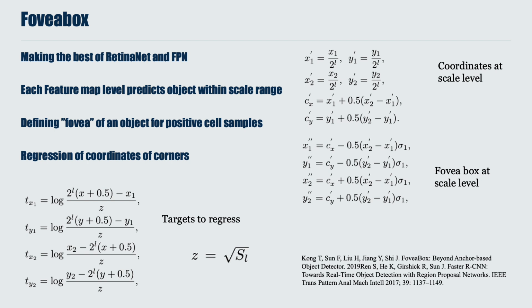But the positive points that are used for the definition of the final box are only the ones defined by this x second and y second at the FoveaBox at the scale level. And it's only from these positive samples within the fovea that the final coordinates are defined.